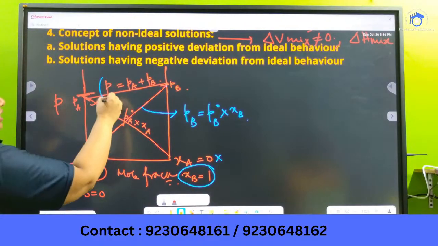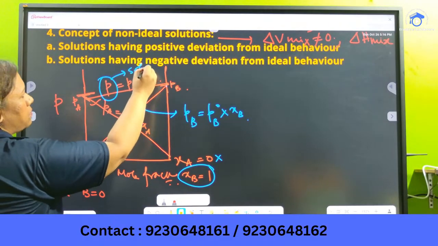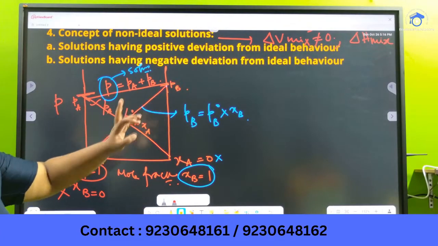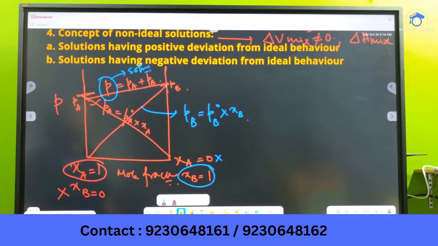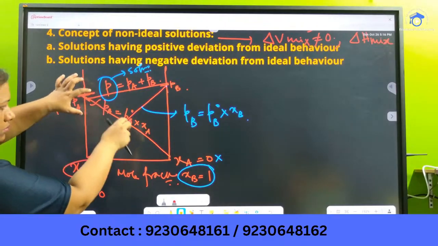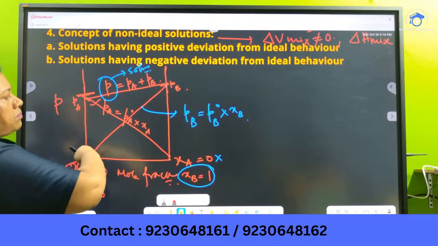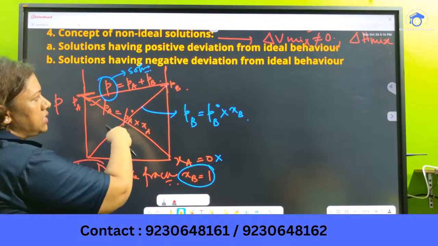This P actually is for solution. And this is Pa plus Pb. Fine. Partial vapor pressure of that liquid A in solution, vapor pressure of liquid B in solution.